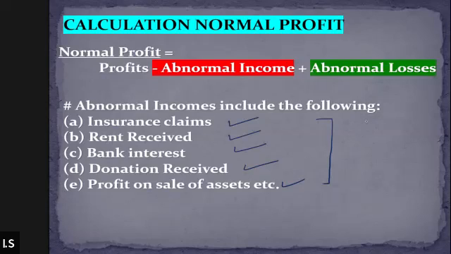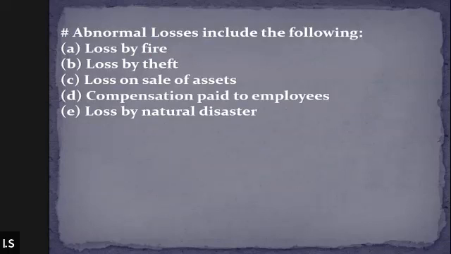Similarly, expenses accruing from non-operational sources, like a loss by fire, a loss by theft, loss on sale of asset, compensation paid to employee, or loss on account of natural disaster.